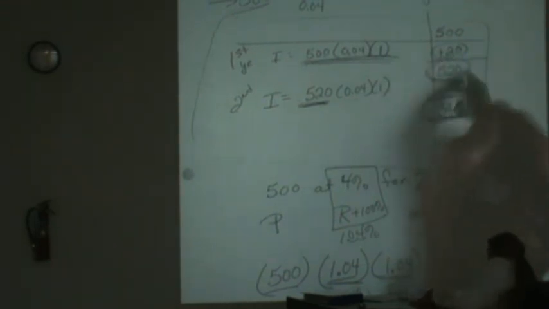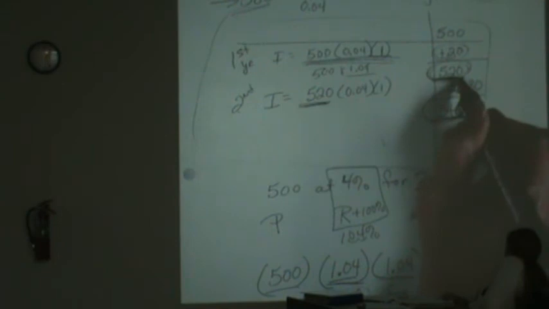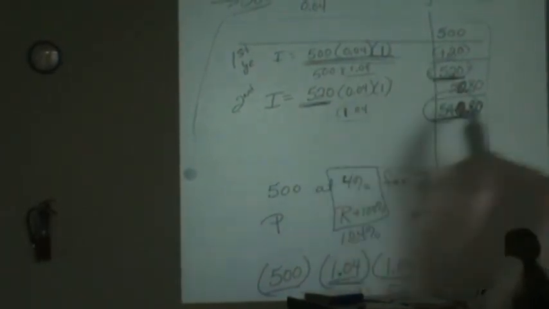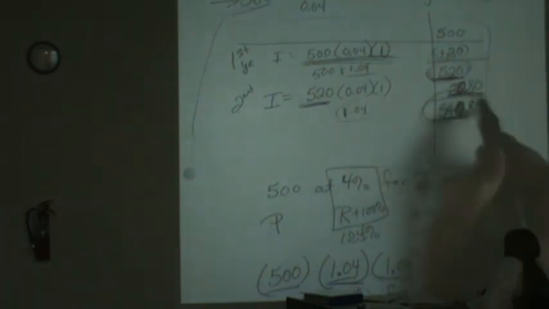And this would be like the answer after you multiplied it one time. If you do 500 times 1.04, you're going to get 520. When you multiply that times 1.04, it's adding the 100% of 520 plus the 4% of 520, and it'll give that to you.